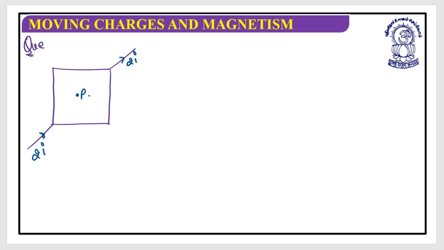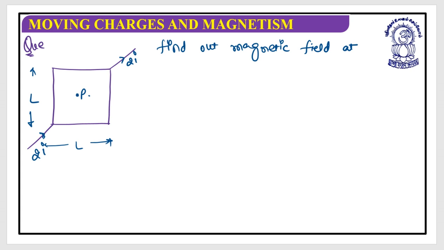This is a point P, and this is a square of length L. Your requirement is to find out the magnetic field at point P.